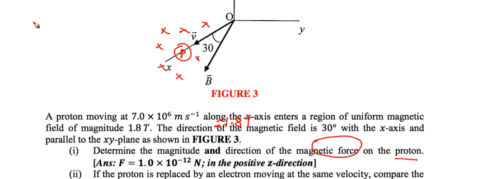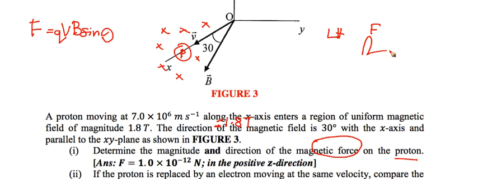If you look at the equation, the force when the charge enters the magnetic field B is F = QVB sine theta. For the direction, use the left hand: the first finger is the direction of B, and the second finger is the direction of V, the velocity of the proton.